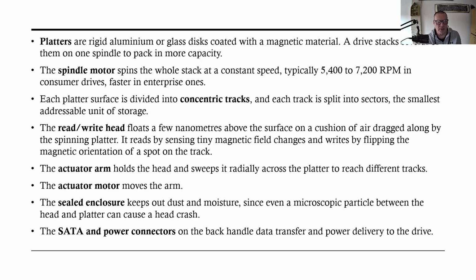So we can make it north or south effectively to represent 1 or 0. The actuator arm holds the head and sweeps it radially across the platter to reach different tracks, and the motor moves the arm. The sealed enclosure keeps out the dust and moisture, and then we have the connectors.